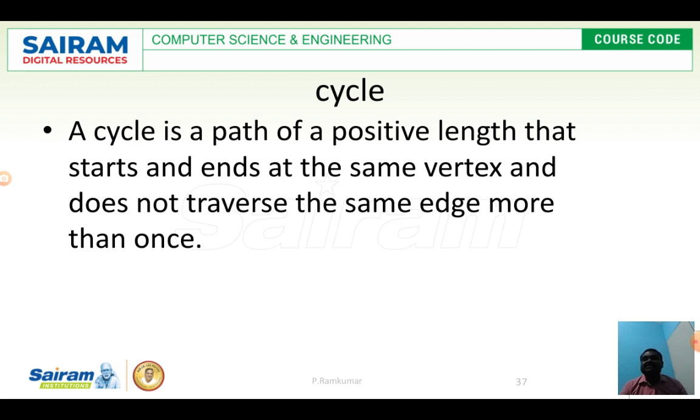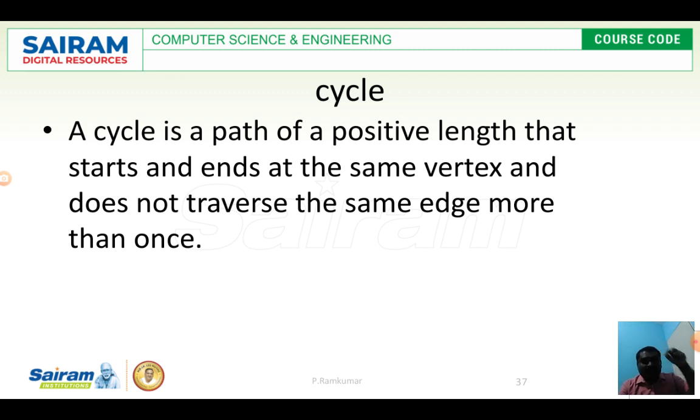And a cycle means a path of positive length that starts and ends at the same vertex and does not traverse the same edge more than once. So there is no direction between the vertices over the edge. Assume that 1 is a starting vertex, 2 is the next vertex, 3 is another, 4 is another.